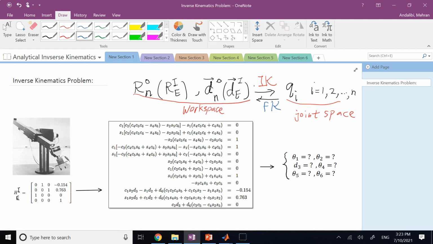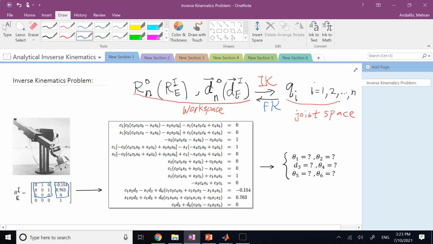It means really solving a bunch of nonlinear equations. Why? For example, if I give you this Stanford arm, which you can see here, and I give you the homogeneous transformation matrix of the end effector with respect to base, where, as you know, this 3x3 portion of it is your rotation matrix, and this 3x1 portion of it is the end effector position.